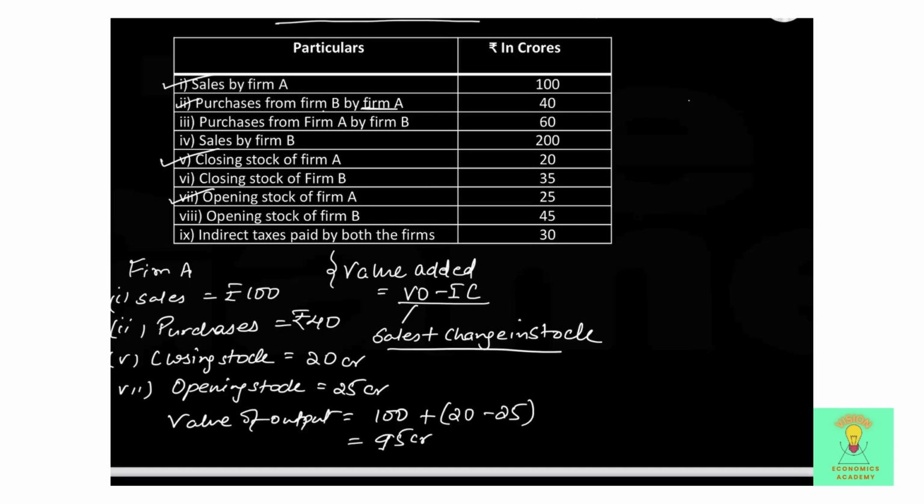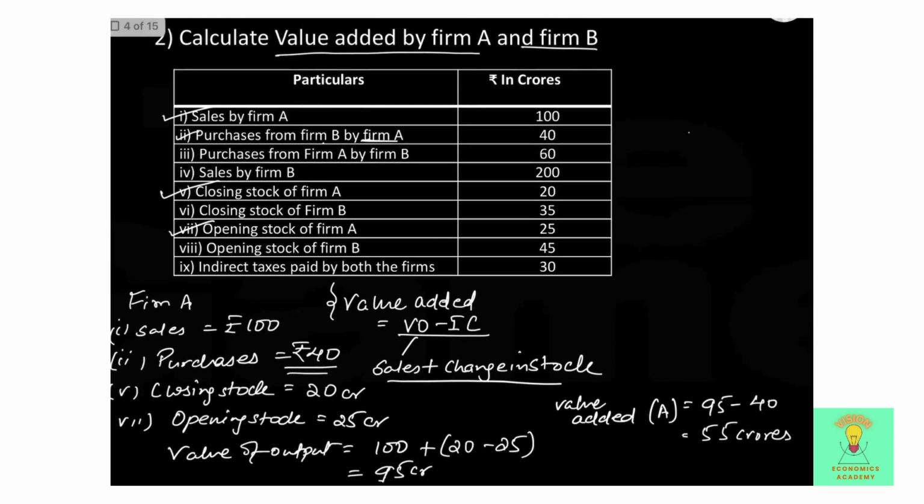Now value added by firm A is value of output, that is 95, minus intermediate consumption, that is 40. So which will give us 55 crore. So we have got the value added by firm A.